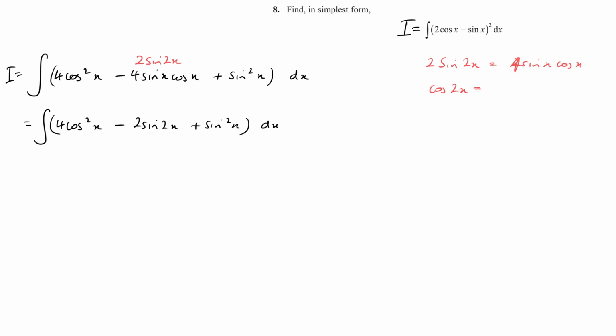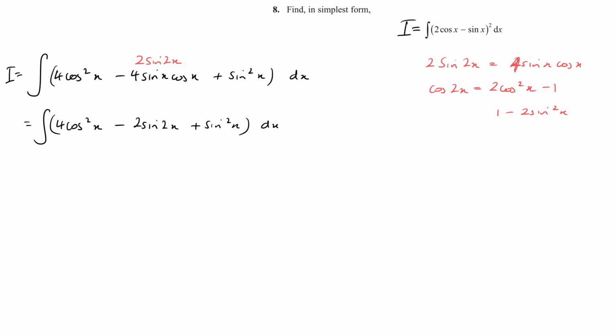So that would be like cos squared minus sine squared, which we haven't got. But that would be 2 cos squared x minus 1, and then there's 1 minus 2 sine squared x.